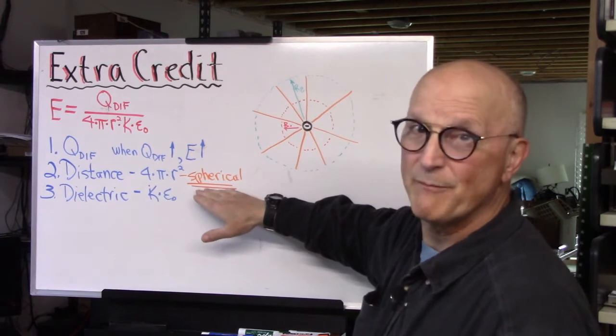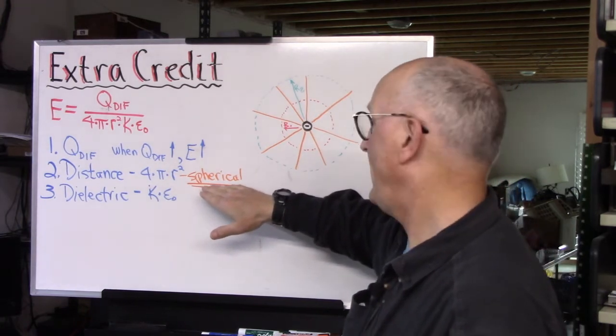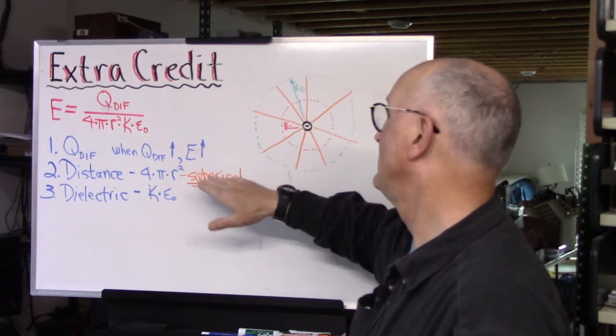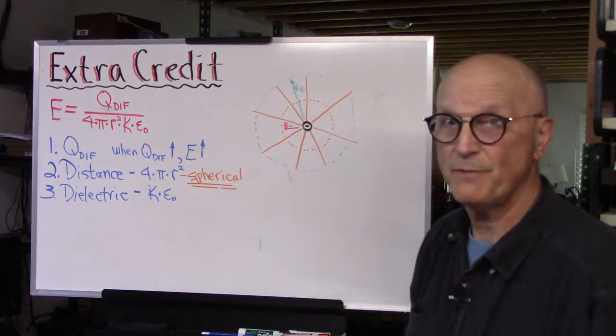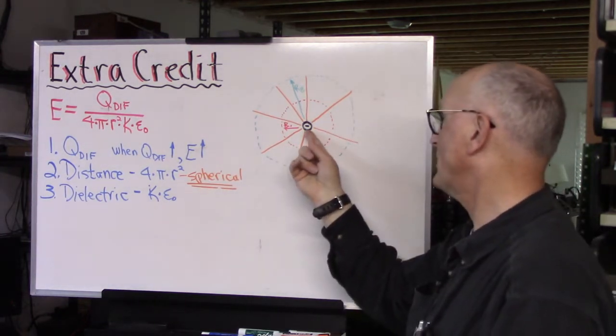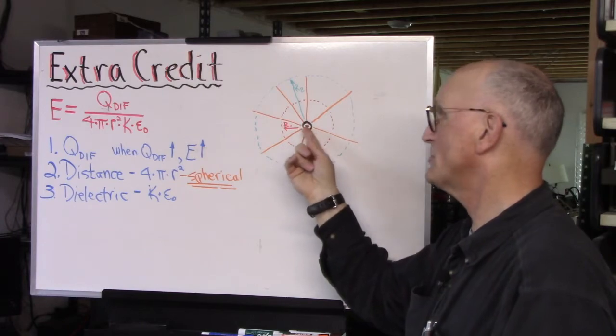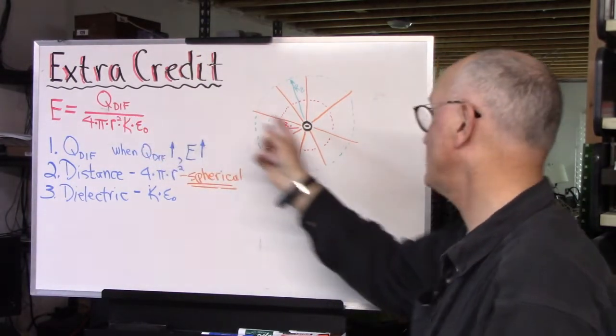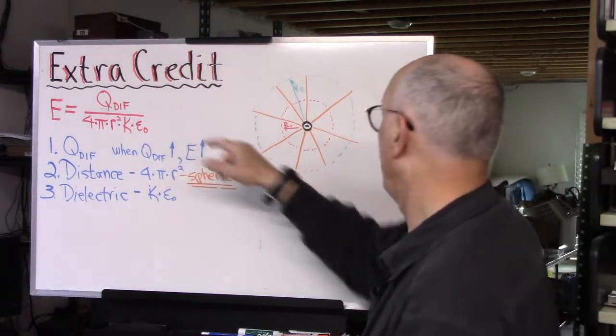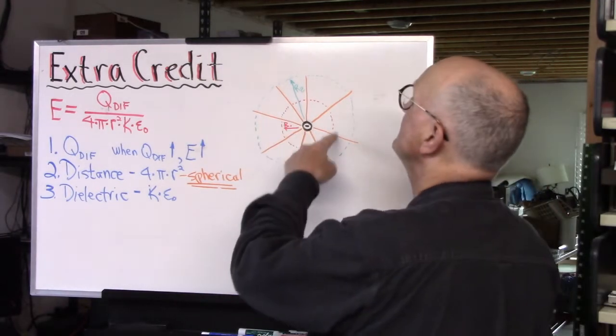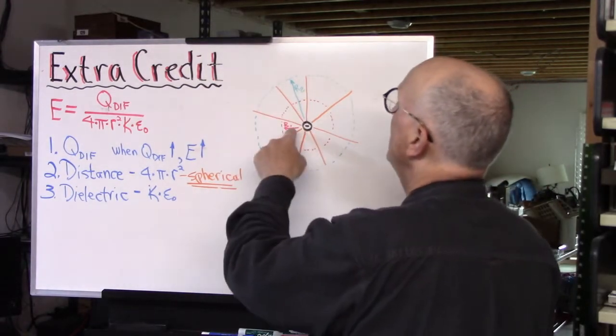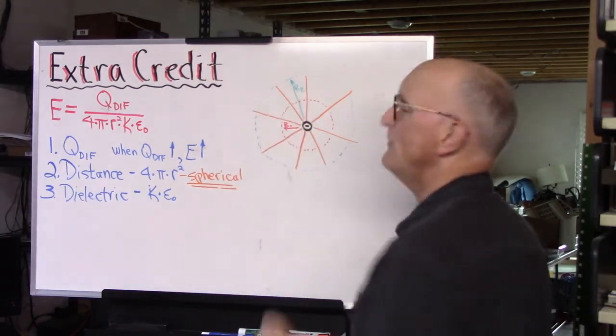That is traceable back to this whole spherical aspect of things. So here's my beautiful picture here. Here's our point charge. We have a charged object here. That's our Q difference. And the radius, I have two radiuses outlined here. I have radius 1, I have radius 2.